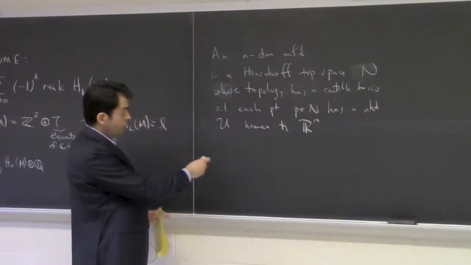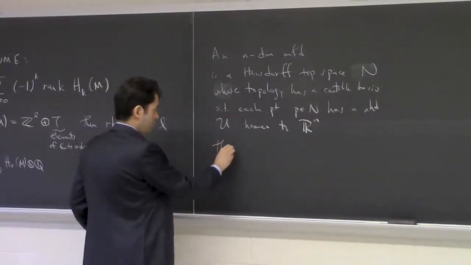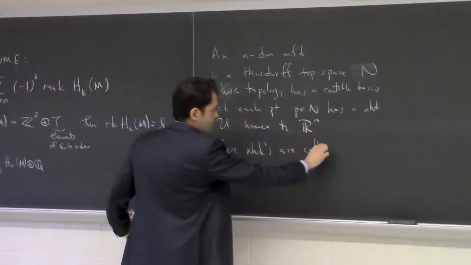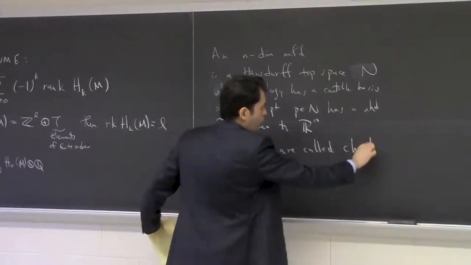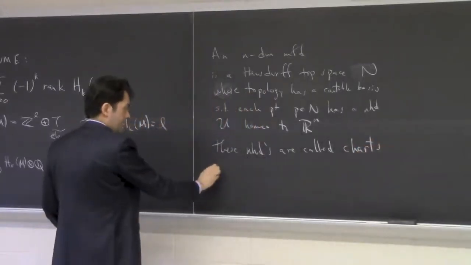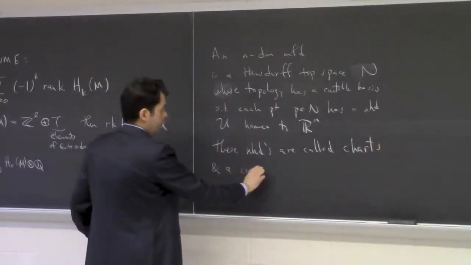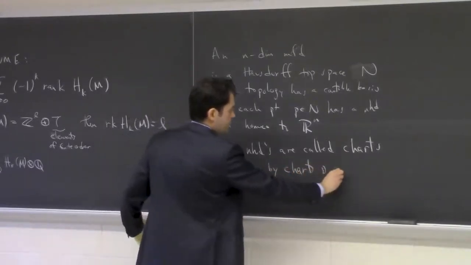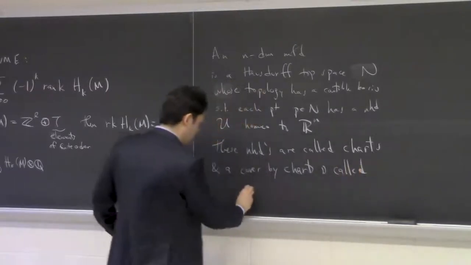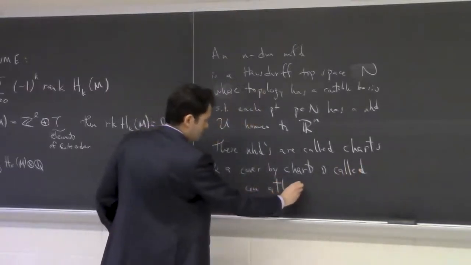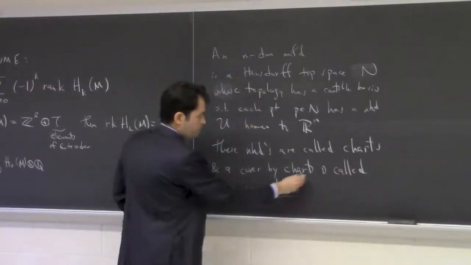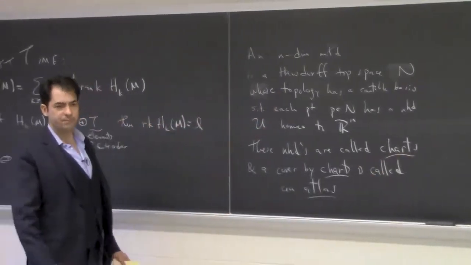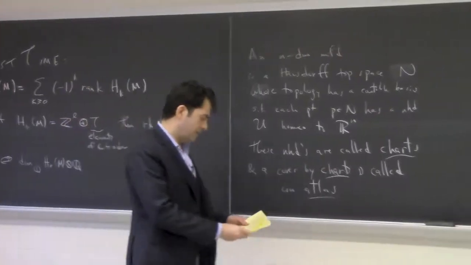Right? So these neighborhoods are called charts, or coordinate charts, and a cover by charts is called an atlas. Okay. Great.